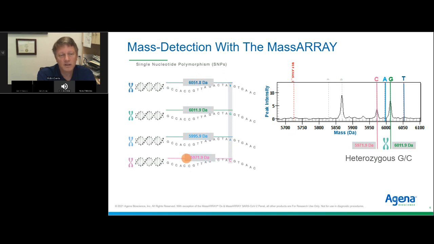Like the C allele is going to be 5,971 Daltons, the A allele is going to be 5,995 Daltons, etc. If we then run this on the MassARRAY, what you'll see here is that the primer itself on the left side here was about 5,725 Daltons, but by incorporating either a C, an A, a G, or a T, you actually get peaks that are at these predefined sizes.